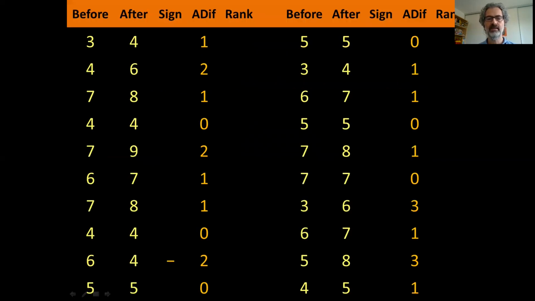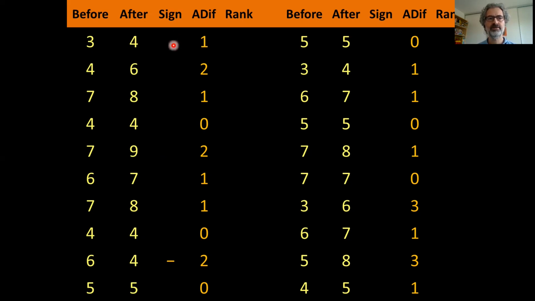Again, we will begin with the before and after scores. So each child here is a row, and the second set of 10 children is here. And for each child, we calculate the difference. What I've done here is I have separated the absolute difference from its sign. So whenever the difference is positive, that is, whenever the after score exceeds the before score, that's a positive difference. 4 minus 3 is 1.